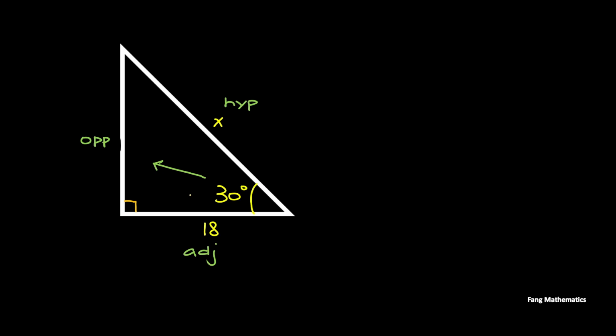We are to remove one side, and let's remove the opposite. We are neither to find it nor is it being given, so remove that. Think of a trigonometric function that uses the adjacent and the hypotenuse, and that should be cosine. Using the acronym CAH, we know that cos theta is equal to adjacent over the hypotenuse.